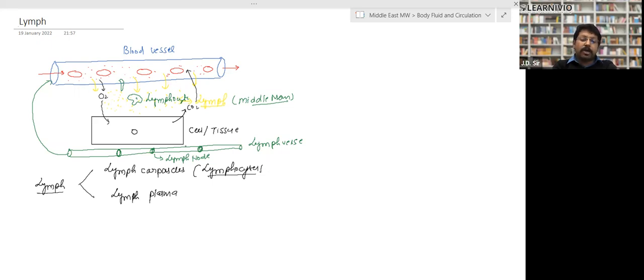There are certain organs which secrete lymph as well. Please note it down. What is the name of those organs? There are certain organs which secrete lymph.